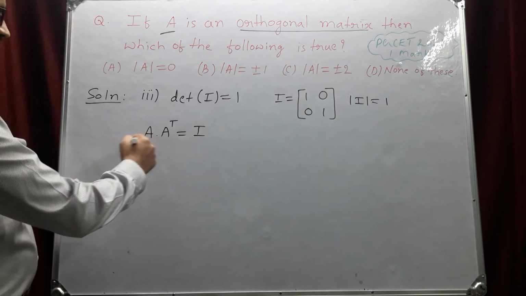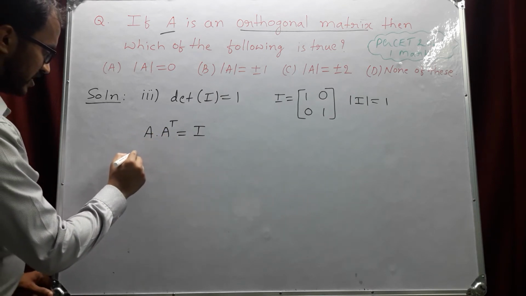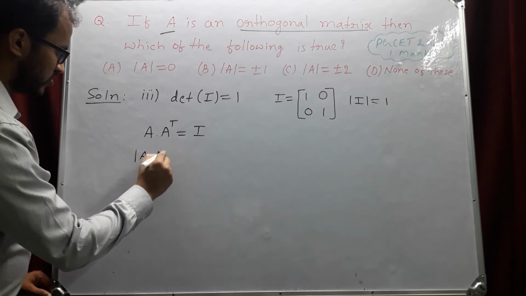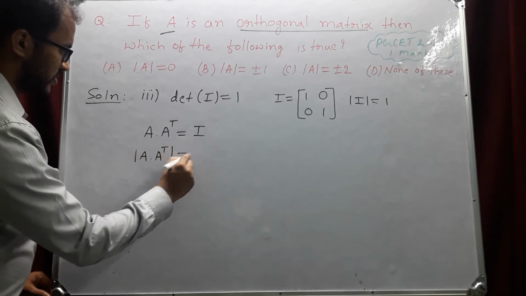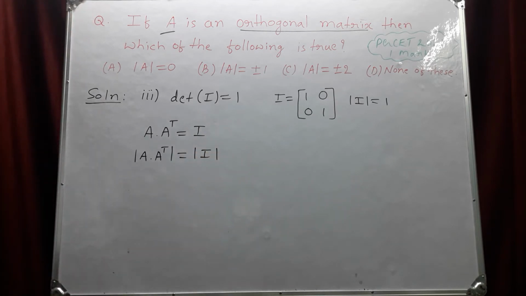So I will take determinant on both sides. Taking determinant of both sides, I can write determinant of A into A transpose is equal to determinant of the identity matrix.